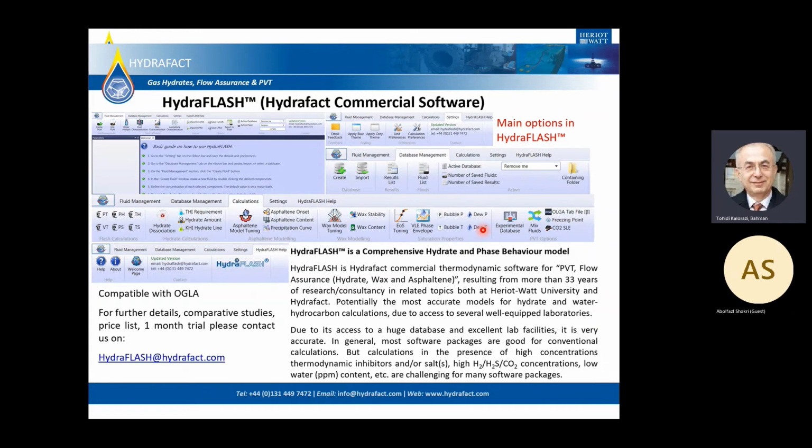And here, if you have experimental data, we can plot it against the prediction, or put it in the program. Our database has more than 20,000 data points. Here is mixing the fluid, and here generating the Olga tab file, freezing point, CO2, solid liquid equilibrium. So we have various options in the program.